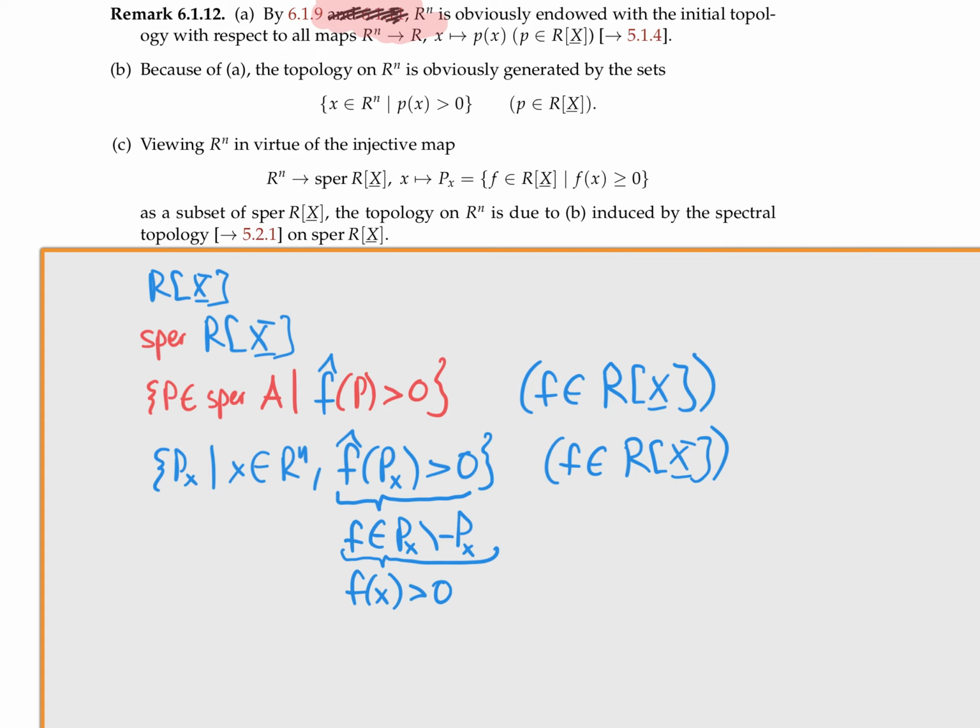And now by virtue of injective map, I could say this induces the topology which is generated by these sets, right? And that's, of course, the initial topology with respect to all these polynomial functions here, which is in fact the topology on R2n.